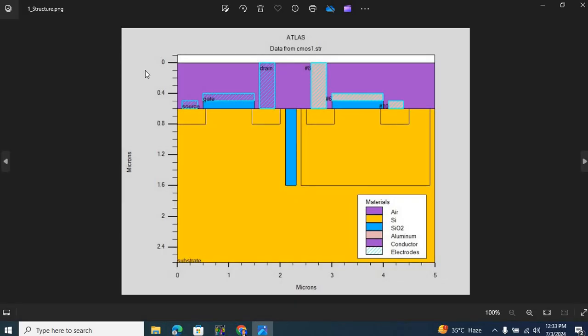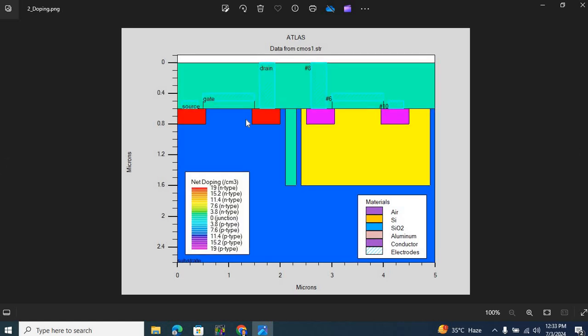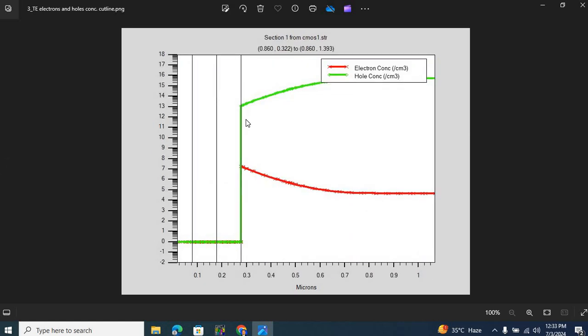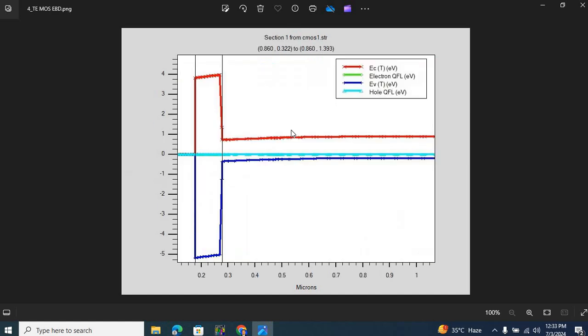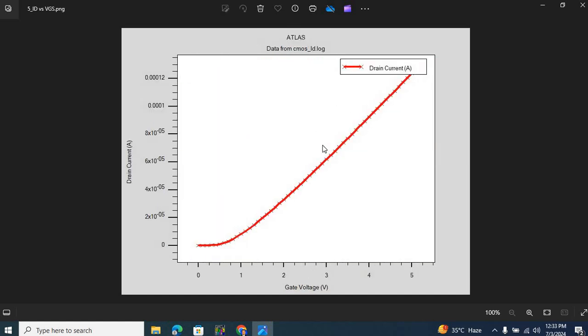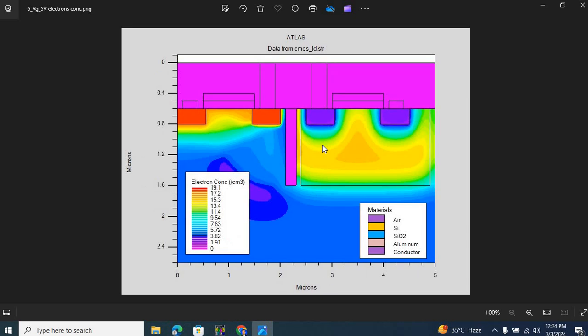Here is the structure. As you can see, this is a long channel 1 micrometer device. Here are the doping profiles under thermal equilibrium, the electron concentration at the NMOS channel, the electron concentration profile for the entire structure, the metal oxide semiconductor energy band diagram, ID versus VGS for the 1 micrometer device.